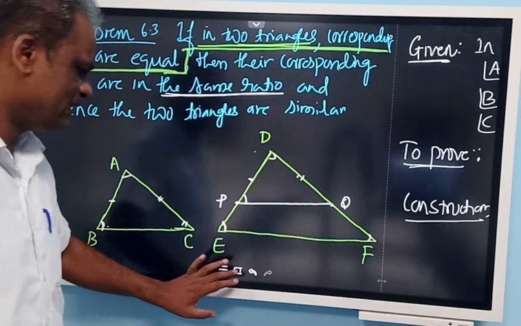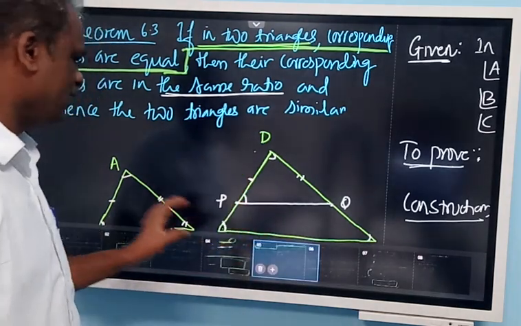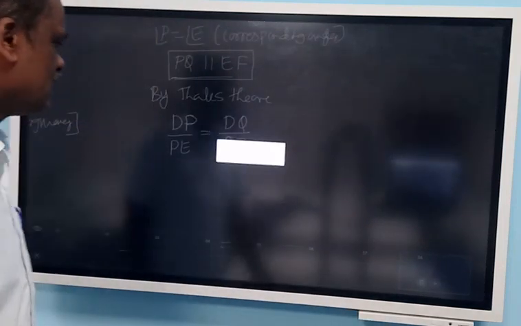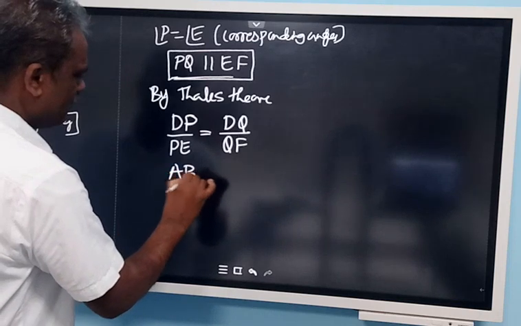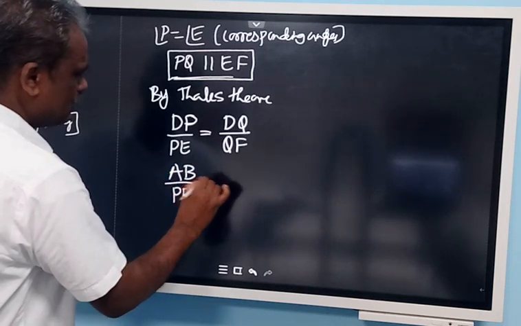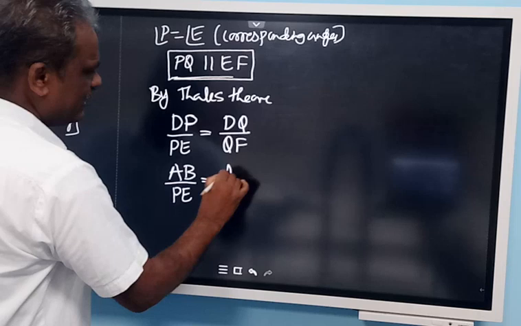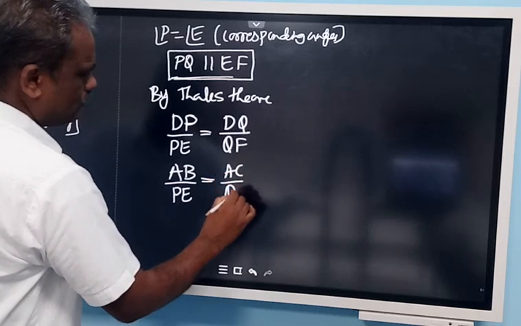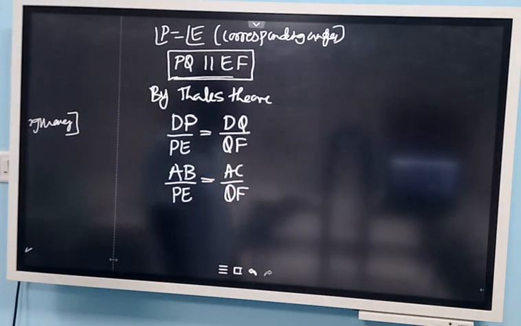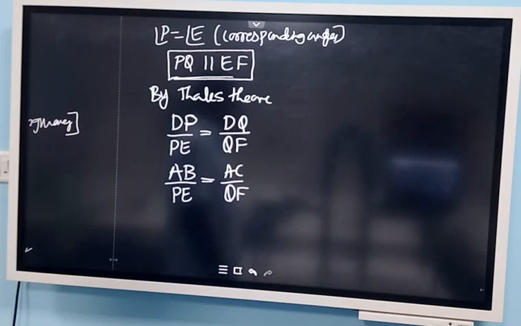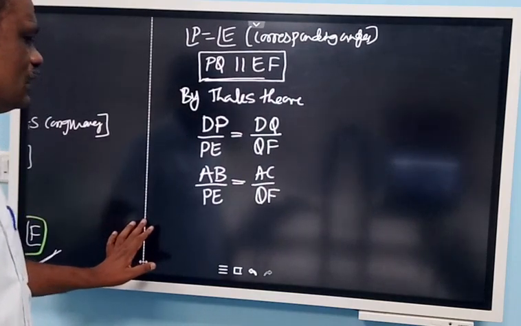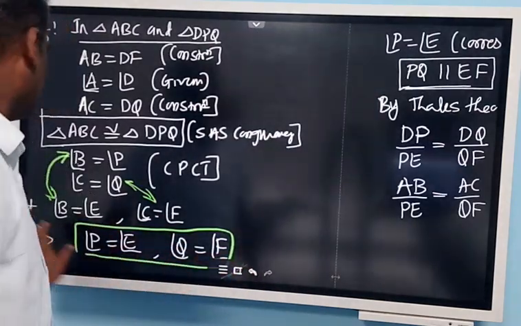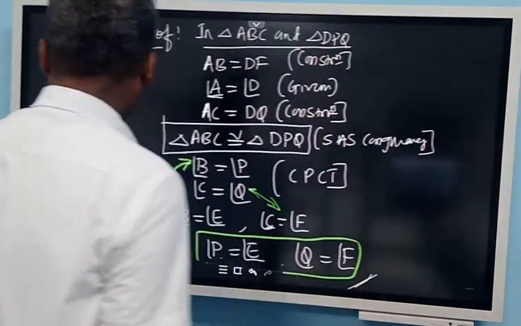So in place of DP, I will write AB, so therefore AB by PE is equal to AC by QF. QF or DF? Okay, AB by PE is equal to AC by QF. Similarly, you can go back to this one.